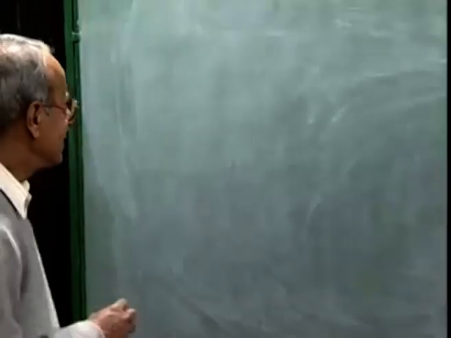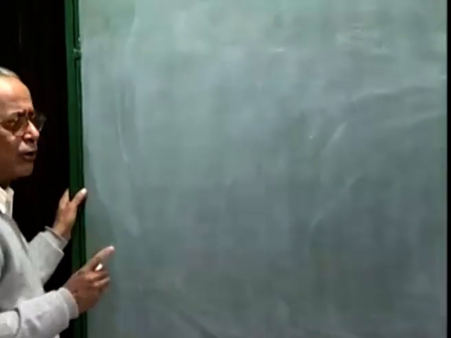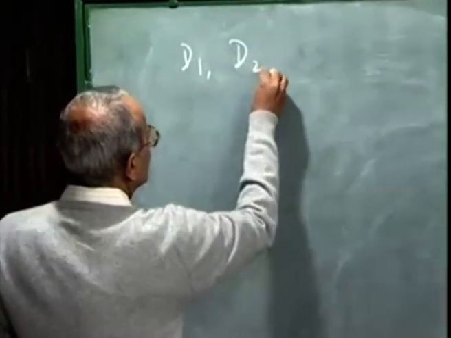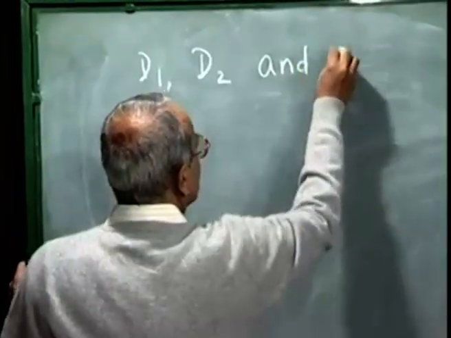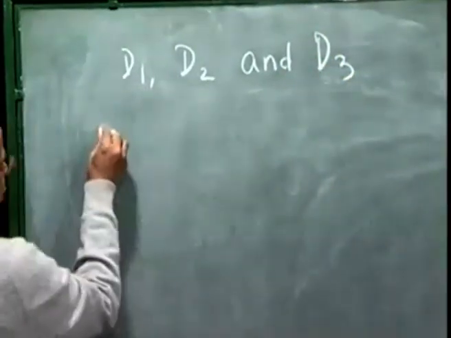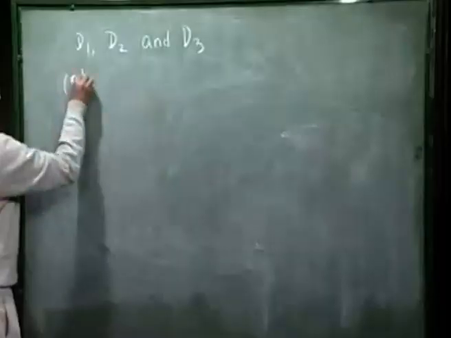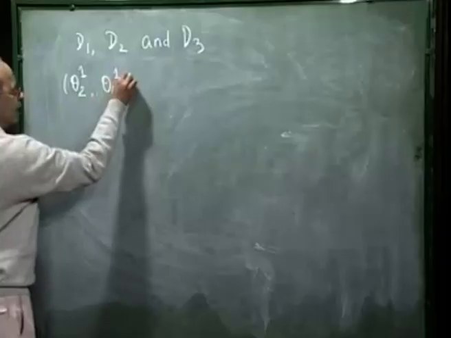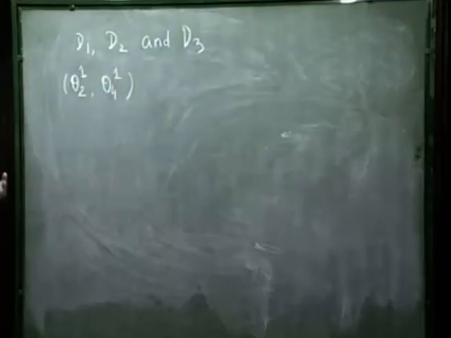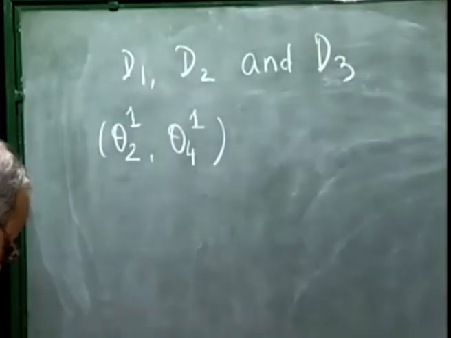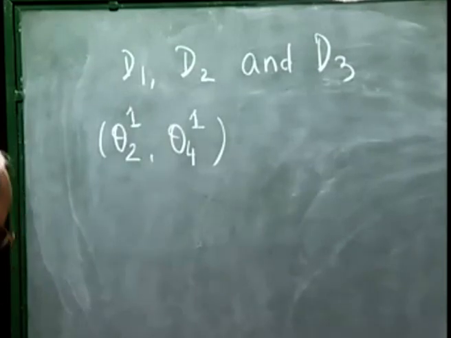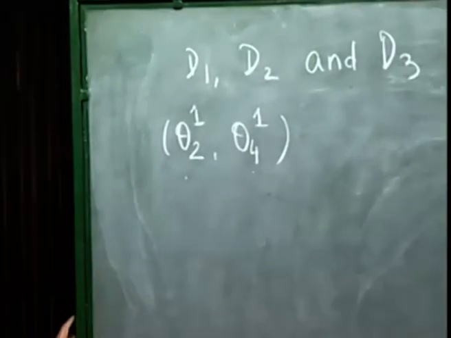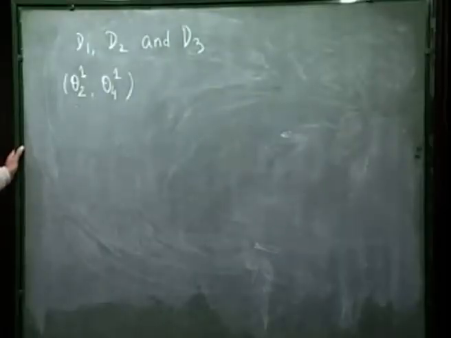What we emphasize is that we got linear equations in the design variables, namely D1, D2 and D3, only because we assumed theta 2 1 and theta 4 1. If we have to extend this method to 4 position synthesis, then beyond D1, D2 and D3 we have to leave one of these parameters also as an unknown to be determined.